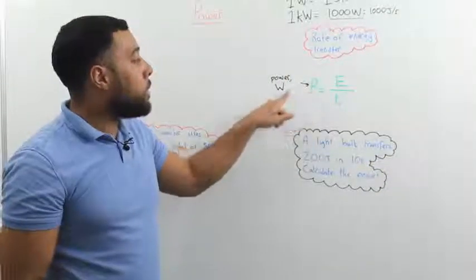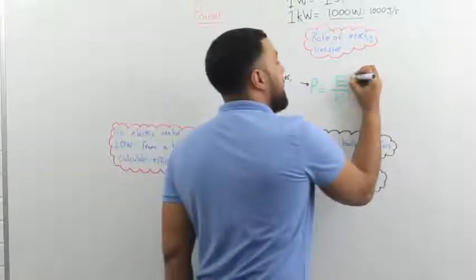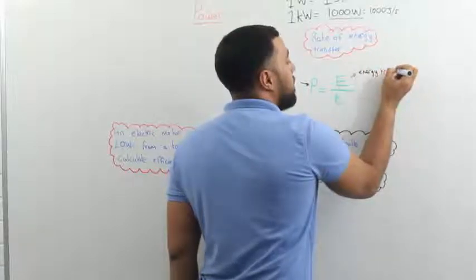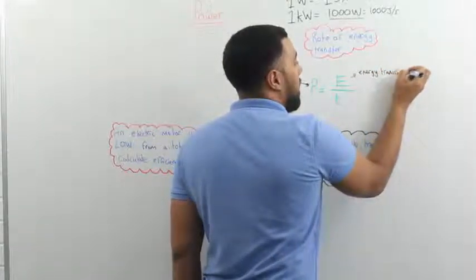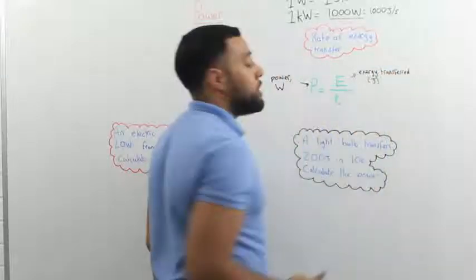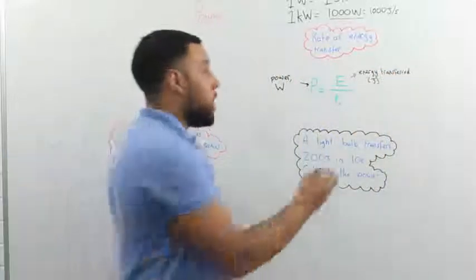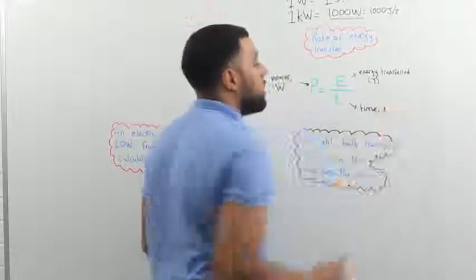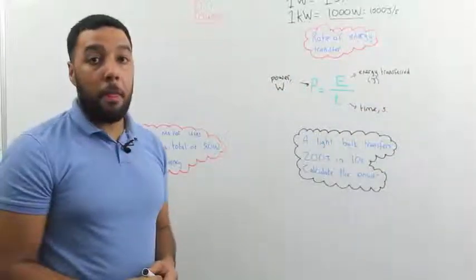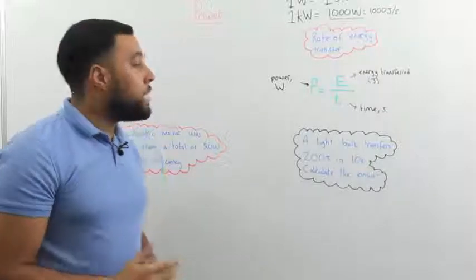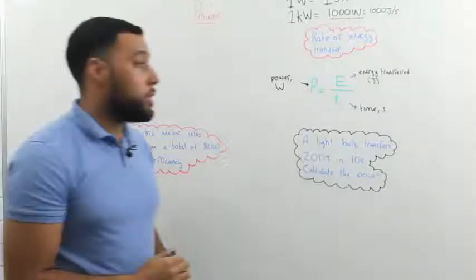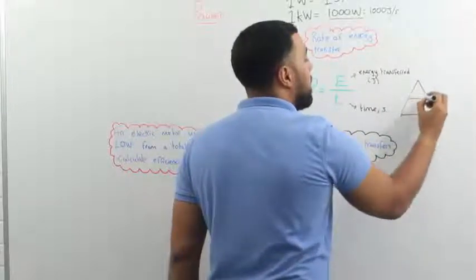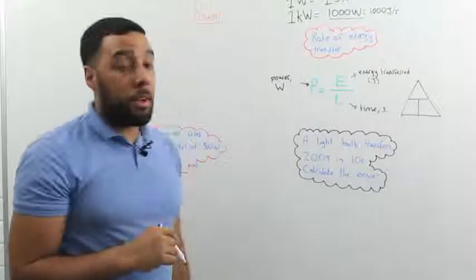So we've got power, which is measured in watts. We have E, which stands for energy transferred, and energy transferred is measured in joules. T stands for time, and time is measured in seconds. Again, guys, you could be asked to rearrange this equation into our formula triangle.